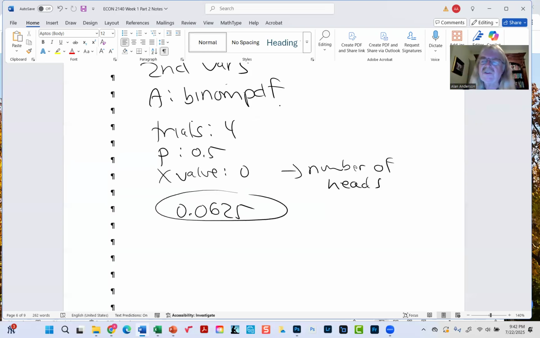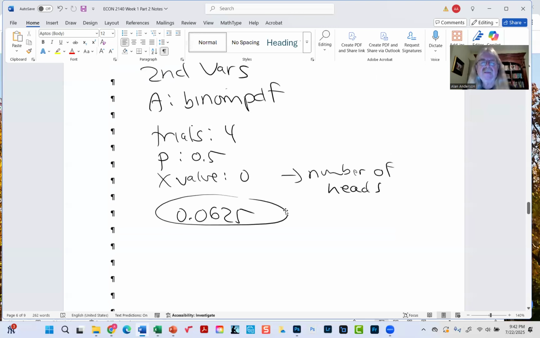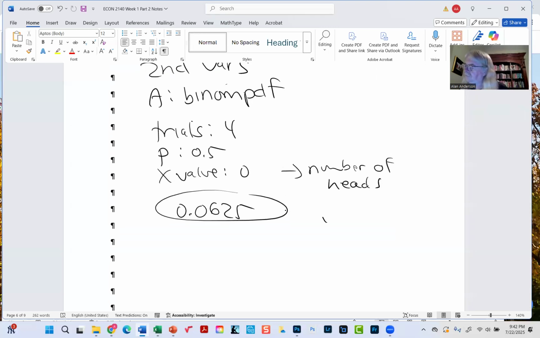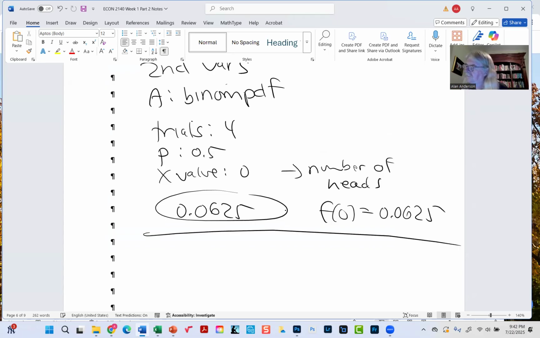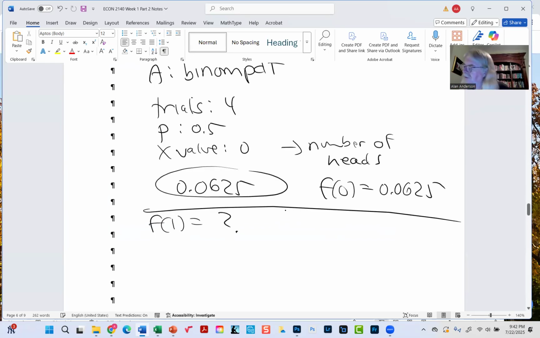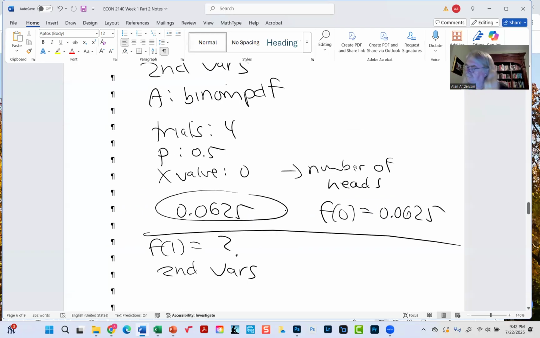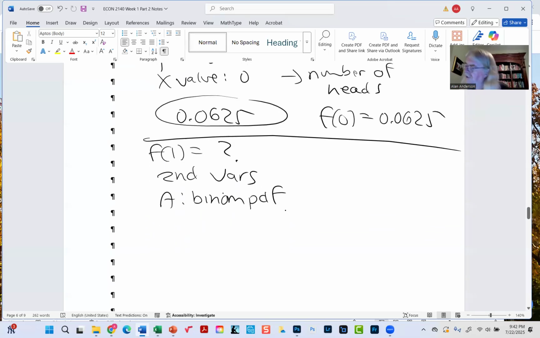All right, let's do one more of these just to make sure we really understand it. All right, so it's the same process. And now the only thing that will change is the X value.